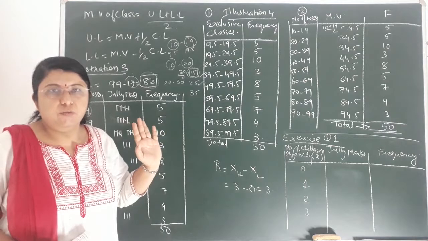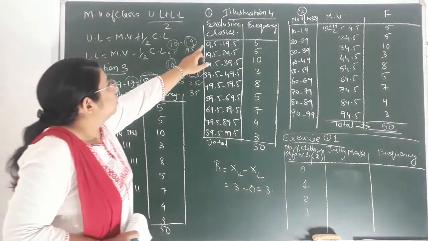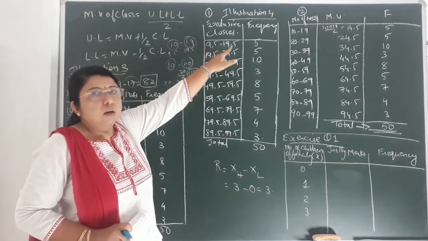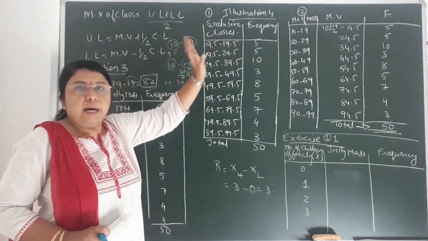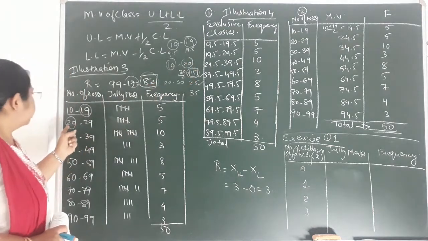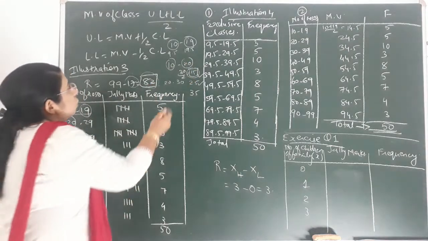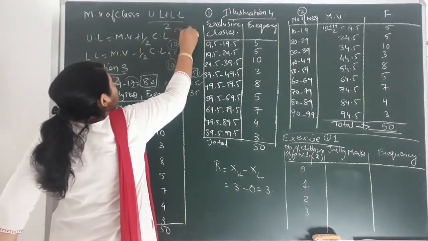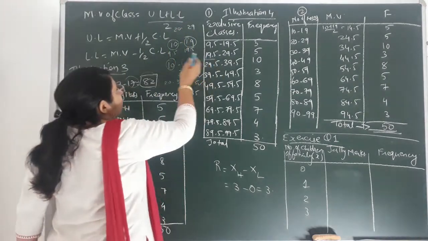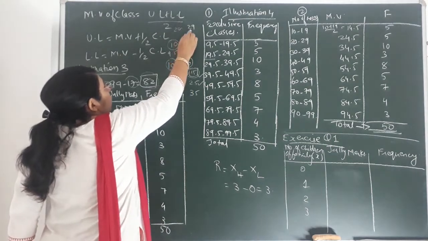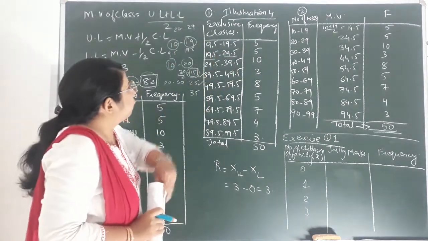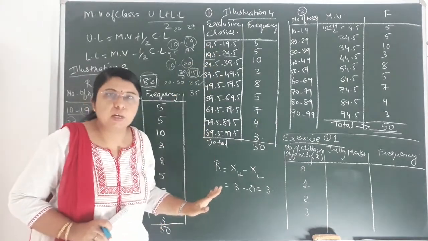As you got the first class, the second class is 20 to 29. Subtract 0.5 from 20, that would come to 19.5, and add 0.5 to 29, so it would come to 29.5, and so on. You will find all the exclusive classes.